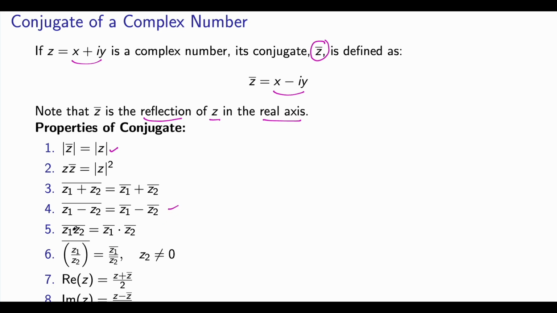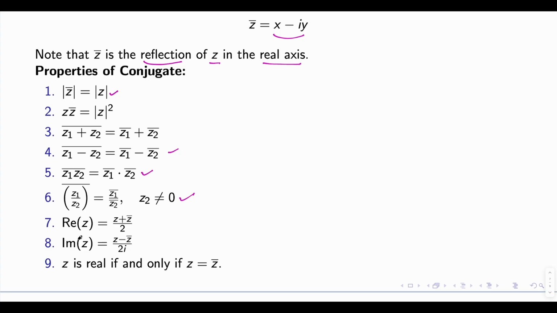Z1 Z2 product bar is equal to the product of their individual bars. Z1 by Z2 whole bar is equal to Z1 bar by Z2 bar, provided Z2 is not equal to 0. Similarly, real part of Z is equal to Z plus Z bar by 2. You can very easily find out this property.